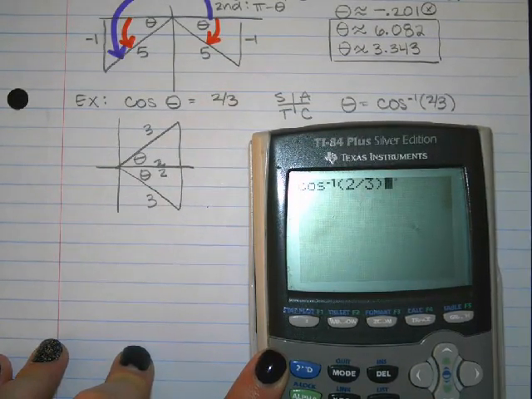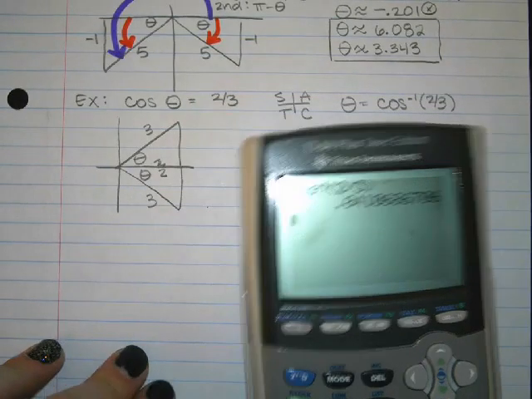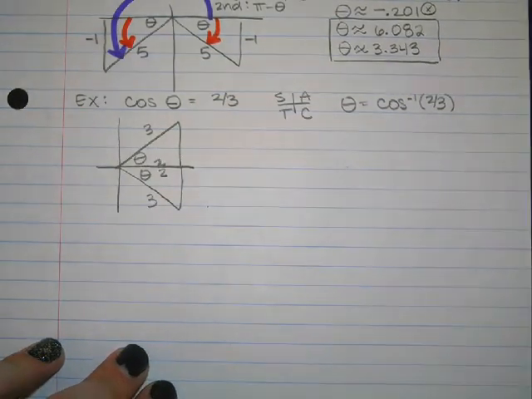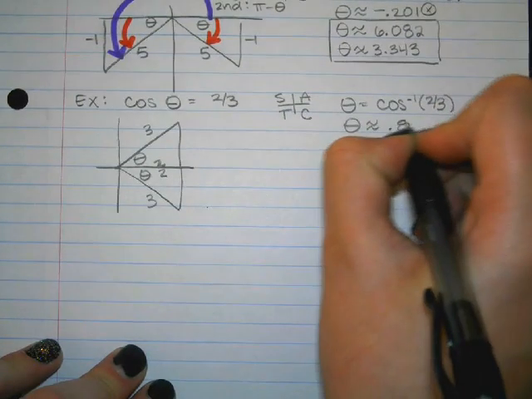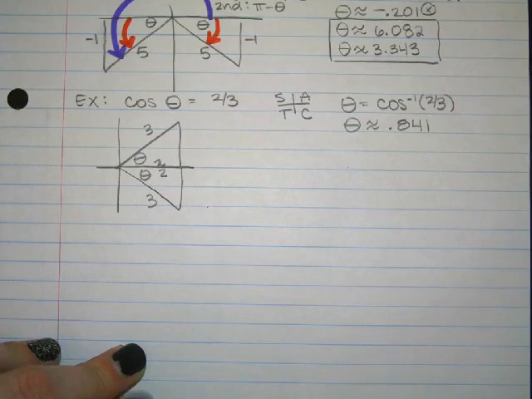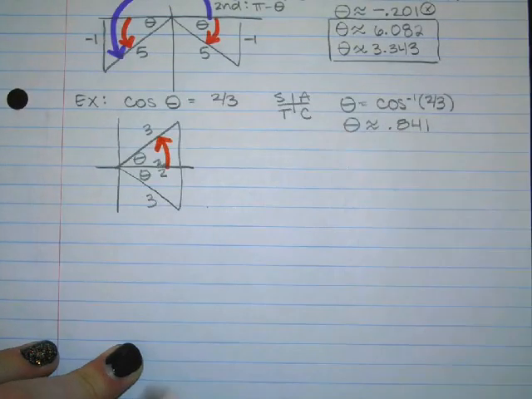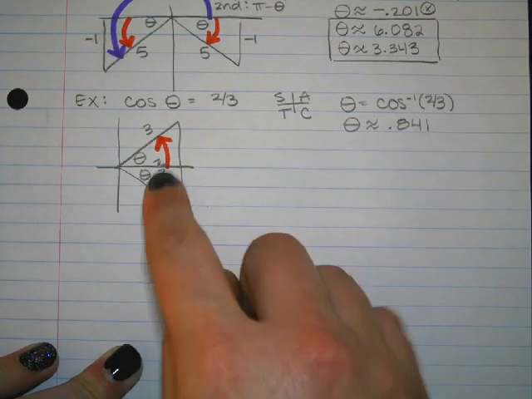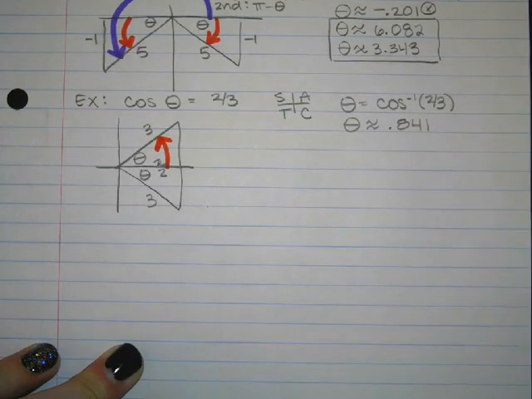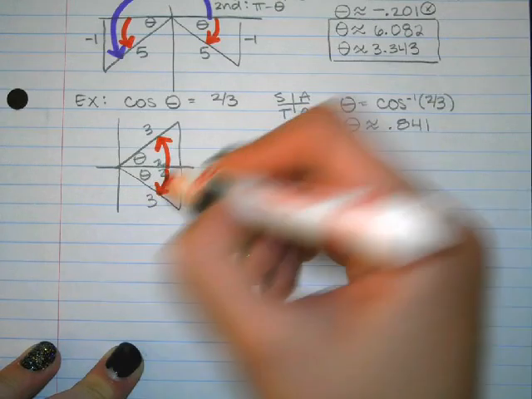Okay, so theta is 0.841. So that's this one right here, 0.841. Is that a valid answer? That was good because it went up. That's normal. Okay. Now the other one says that they measured down 0.841.